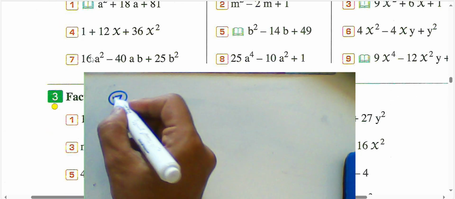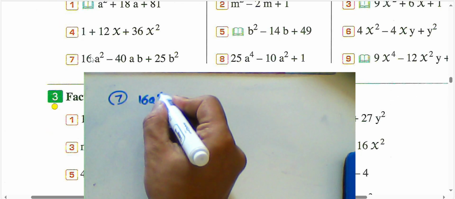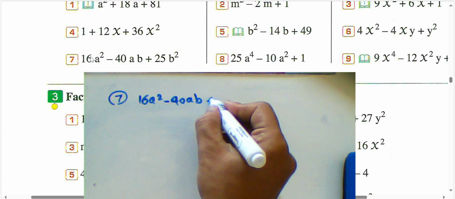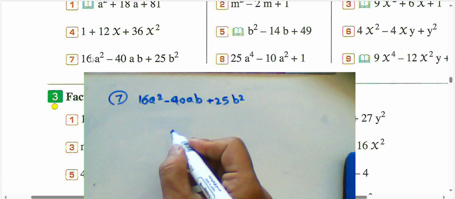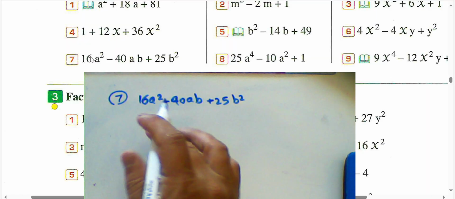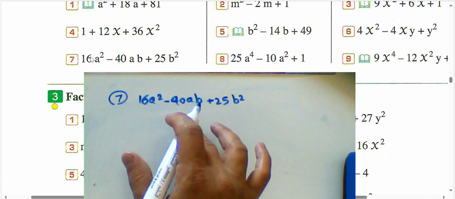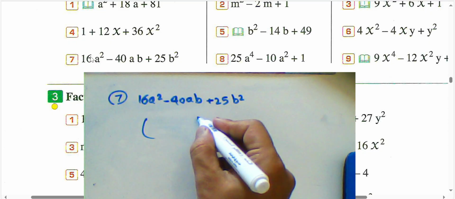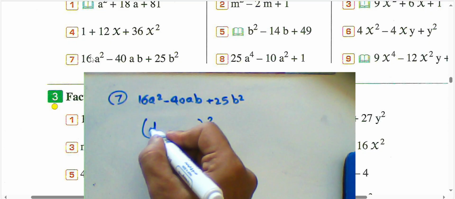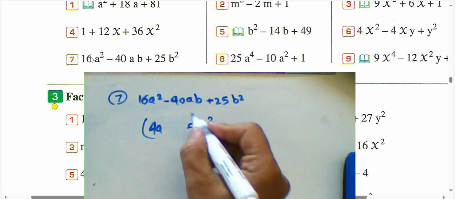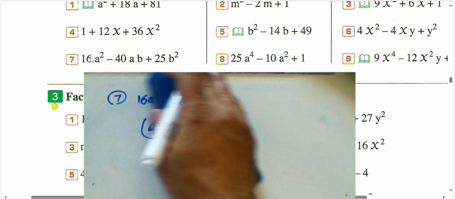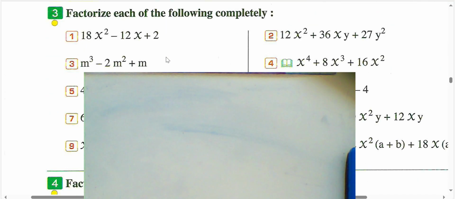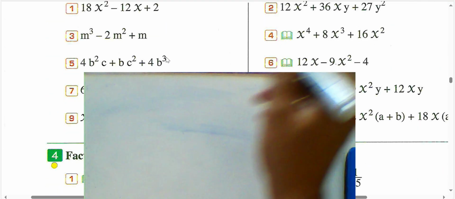Number 7. 16a power 2 subtract by 40ap plus 25p power 2. We have the square root of the first and the third and the middle, 2 times 4 times 5 equal 40. This expression we call a perfect square. The square root of the first 4a and the third 5p, and write the negative between them, like the sign.